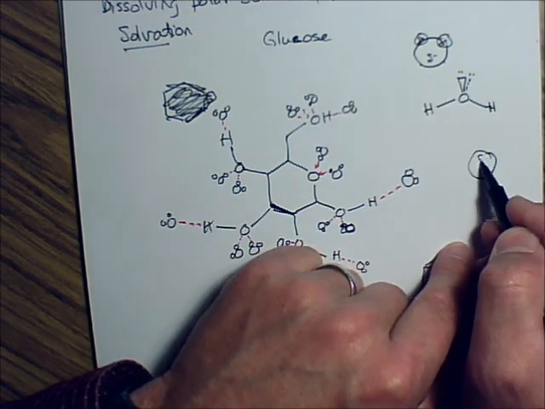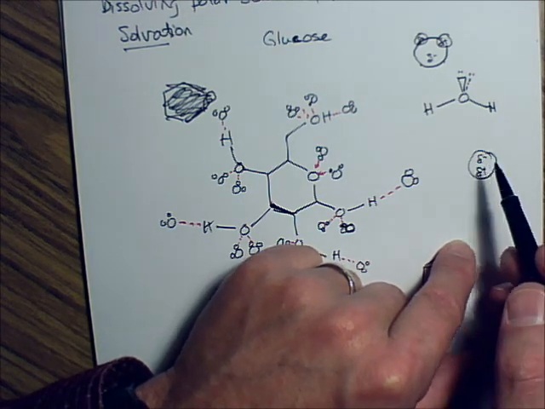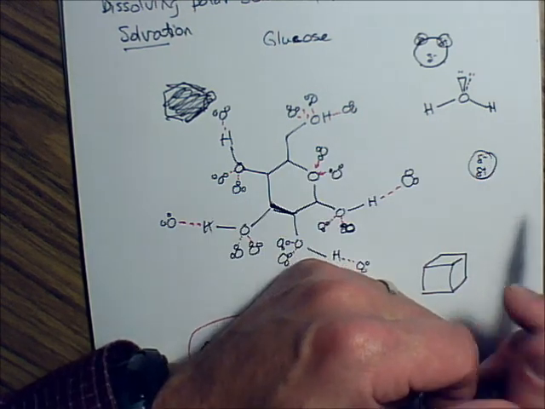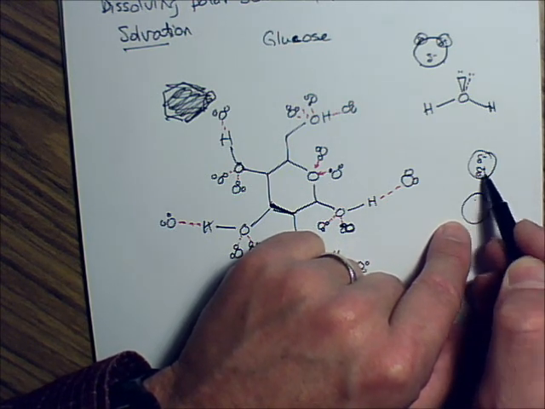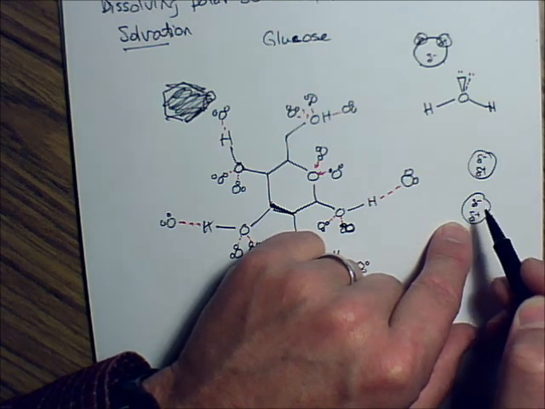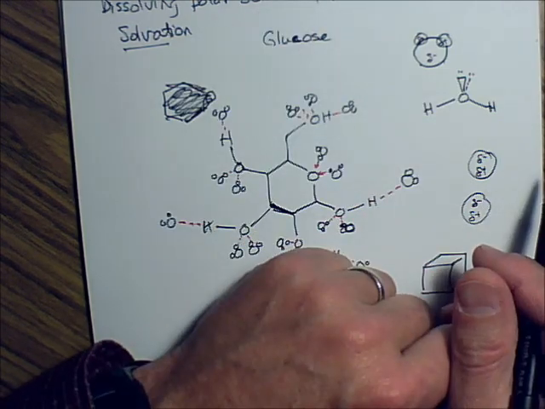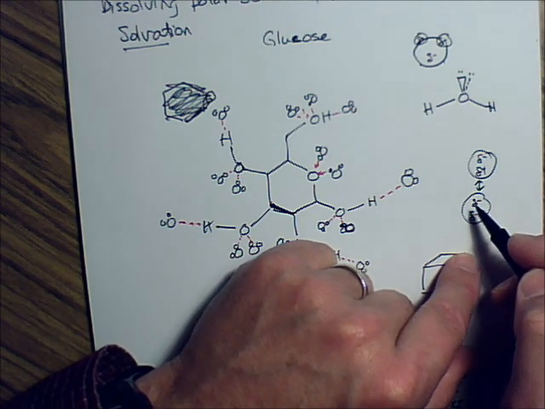Anything that has a permanent dipole, with permanently negative and permanently positive sides, that's a permanent dipole. And there's an attraction between this one and the next one. If I've got another one like that, this positive end is attracted to the next negative side because of the opposite charges. That's a polar attraction.